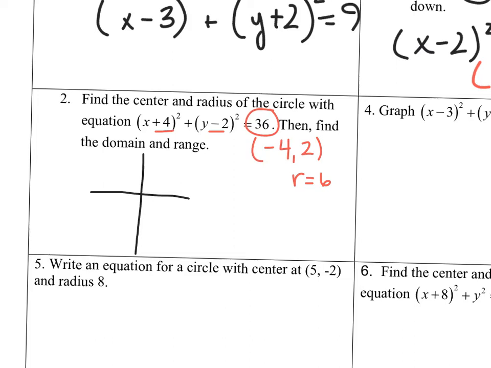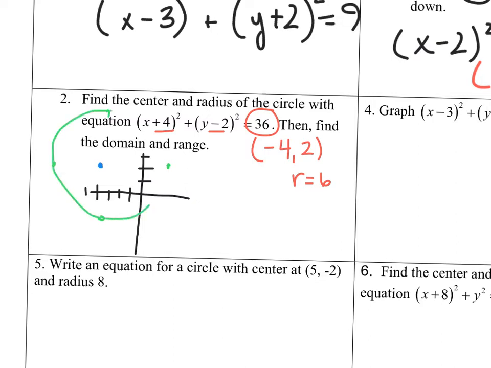I am going left 4, and then up 2 to graph this. So left 4, up 2 is going to put the center right here. And then my radius is 6, so I'm going to go right 6, left 6, down 6, up 6.